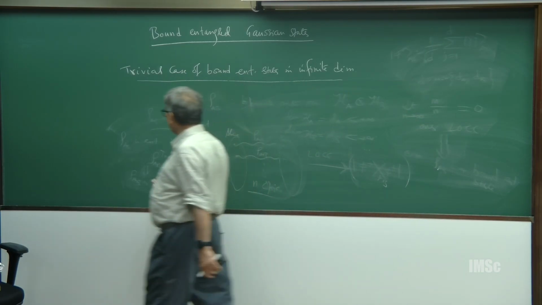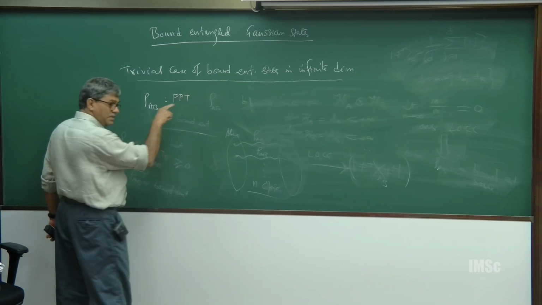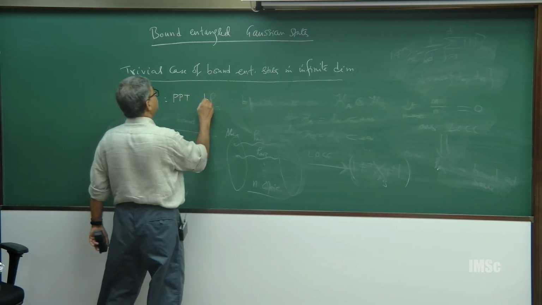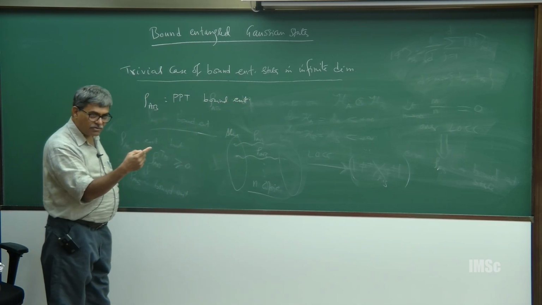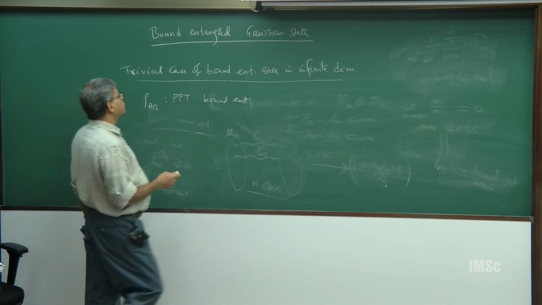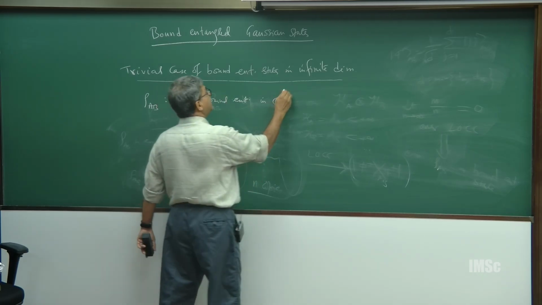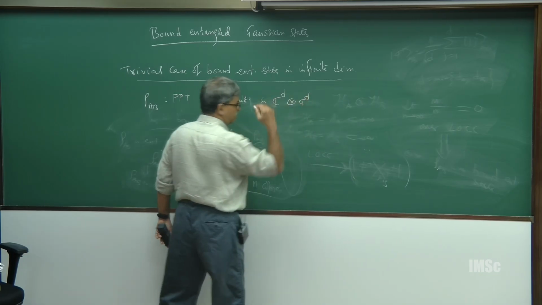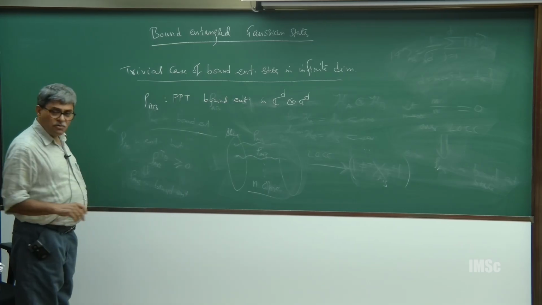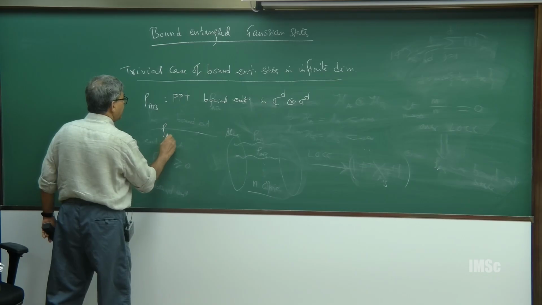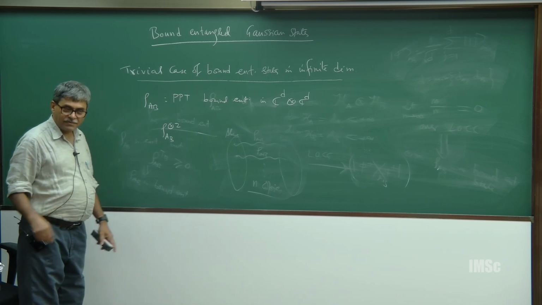Okay, so let us take rho AB, a PPT, meaning positive partial transposition, bound entangled state. A separable state has PPT, and a bound entangled state can also have PPT. Let us say it is in C^d tensor product C^d, not necessarily the same dimension, to make our life easier. Now let us take 2 copies of this bound entangled state.